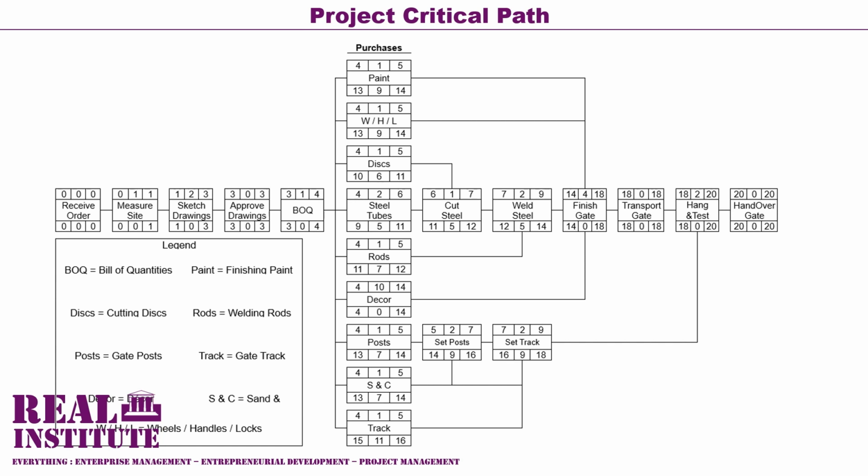Lastly, this is about determining the project critical path. As we've already stated, float or slack time is the amount of time that a project activity can be delayed without causing the entire project to be late. It can also be viewed as the amount of buffer time, which is basically time that is more than the allocated duration that is available to complete a project activity.